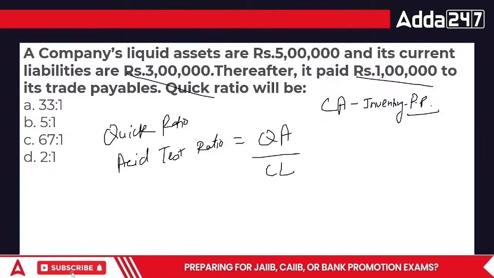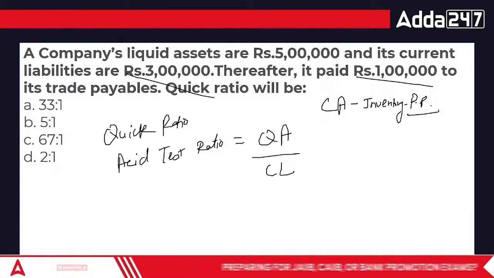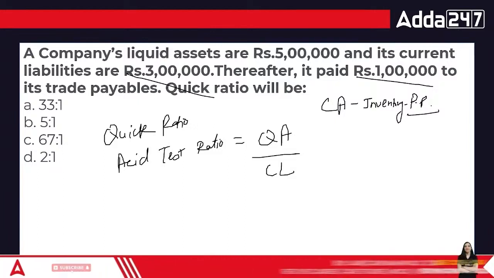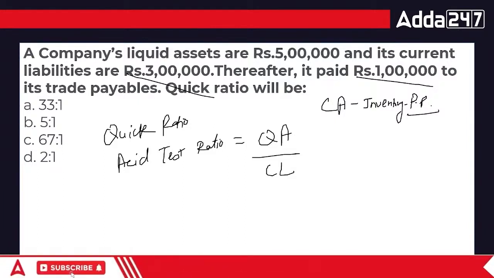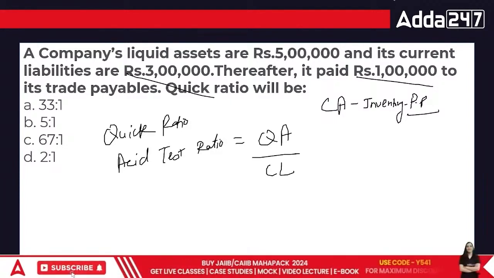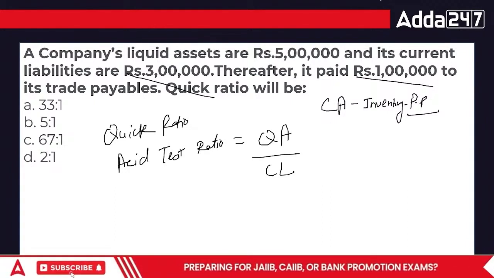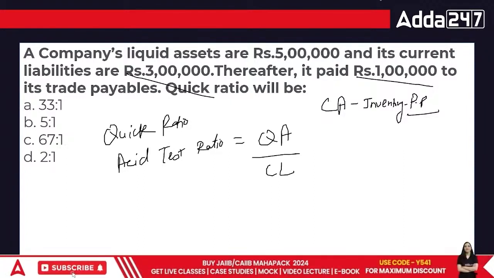Maybe I got a plan for 600 rupees for 3 months, so for 3 months I've paid in advance. Can I go to Reliance Jio and say, sir, can you give me the money for 2 months back, I just wanted to pay for 1 month and the rest I was thinking to close down? Will they do anything? No, they will not give you the money back. So prepaid expenses, once paid, you won't get that money back.